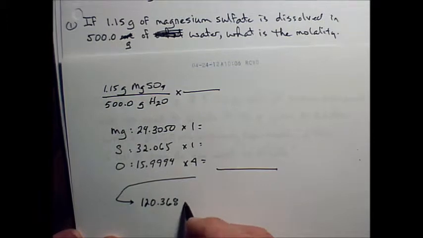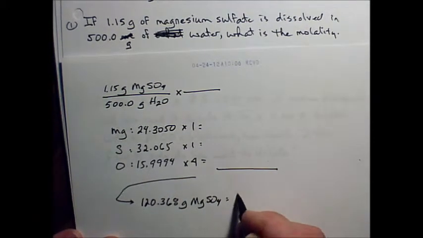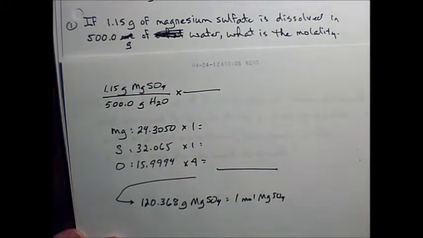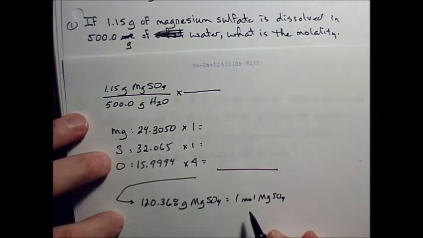0.36, and after rounding off it's 8. That's 120.368 grams of magnesium sulfate equals 1 mole of magnesium sulfate. You have to have all of this in here, and this becomes your conversion unit.